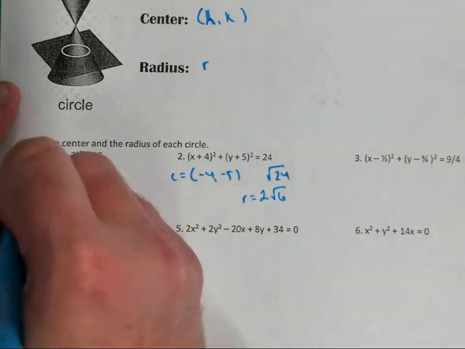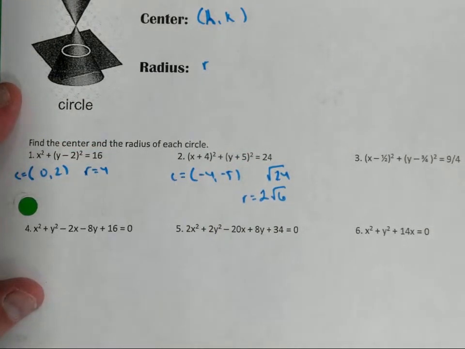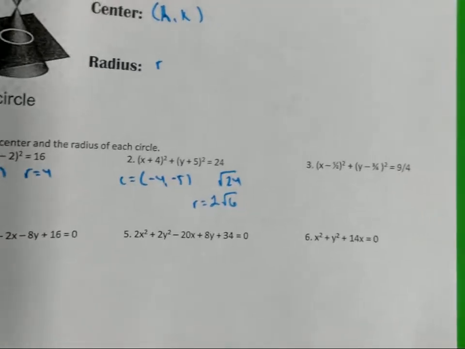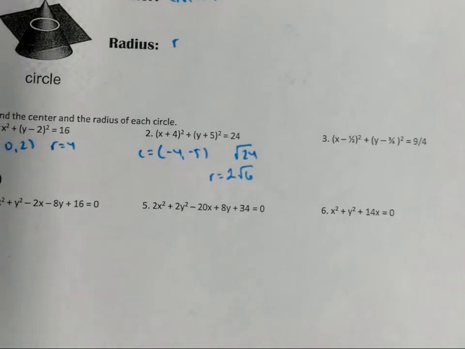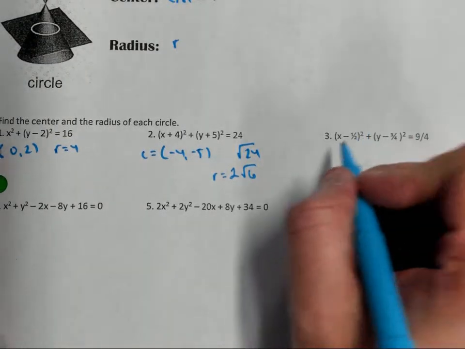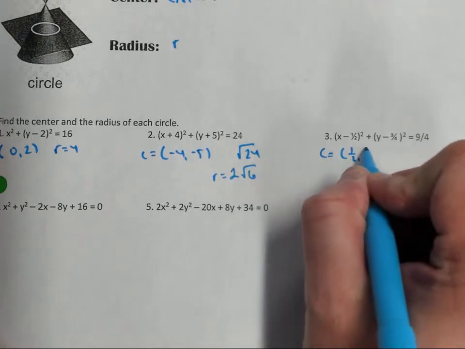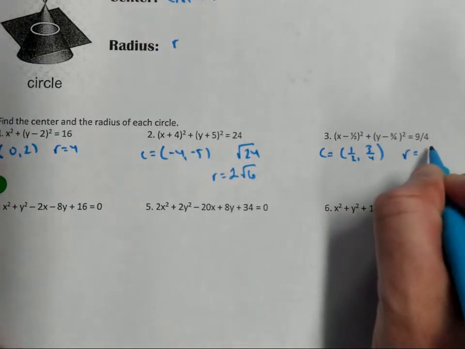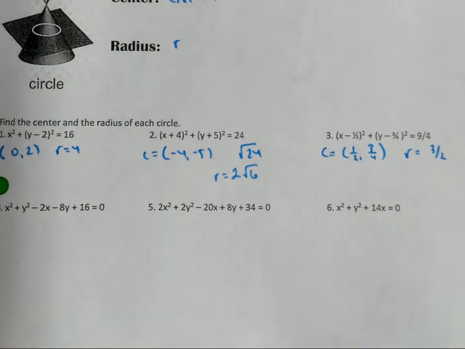My center is here. Number 3. What would be my center? 1/2, and radius would be 3 over 2. Very good. 3 over 2.